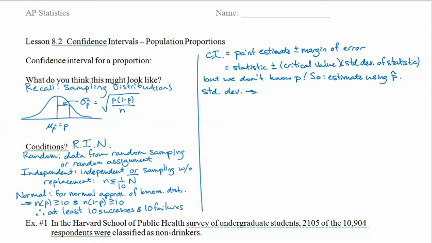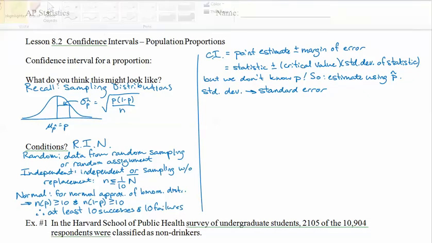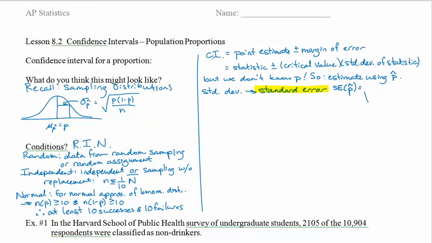Because we're using p hat instead of p, we're now going to give it a new name, so it will become the standard error. So we'll just highlight that. And the standard error, or SE, of the sample proportion is going to be equal to the square root of p hat times 1 minus p hat divided by n.